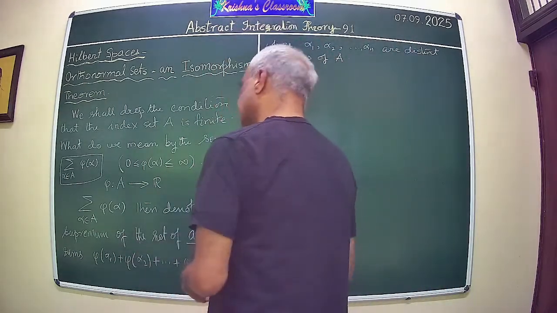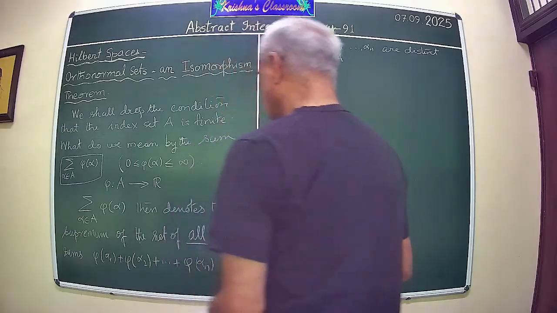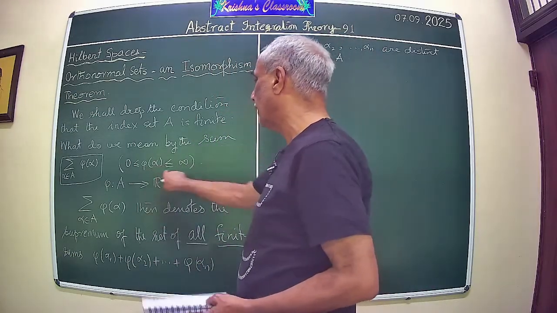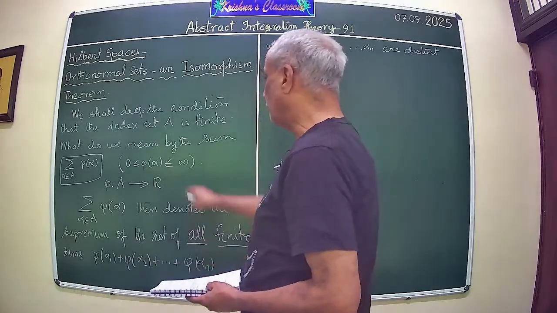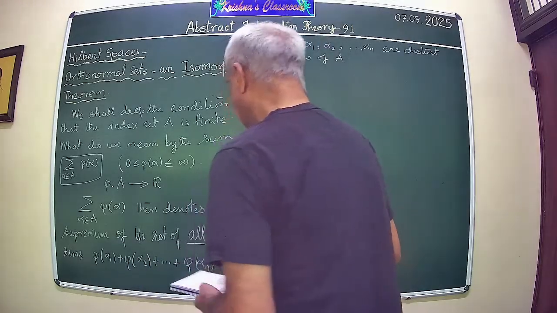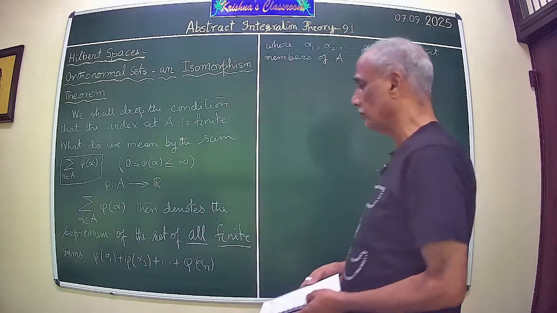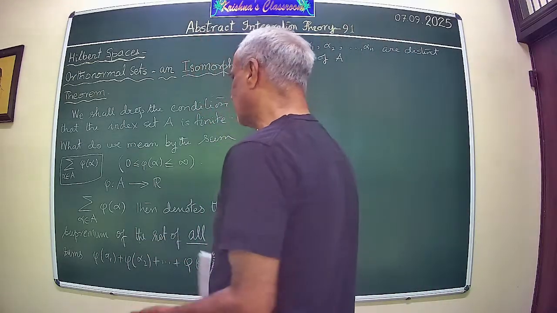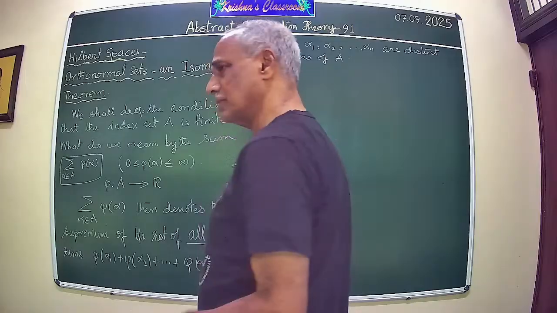After all, you know that this is greater than or equal to 0. This may be bounded or may not be bounded depending on whether phi alpha takes the value infinity or not. If any one of these sums is infinite, then certainly the sum is infinite.